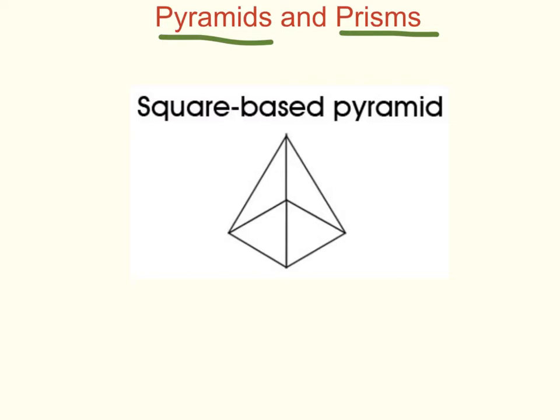So pyramids have triangular faces, and the vertices on a base are all connected to a vertex at the very top of the pyramid, kind of a point. And then the point is connected to the vertices on the base. So all pyramids have triangular faces, and they all connect the vertices on a base to the vertex at the top of the pyramid.